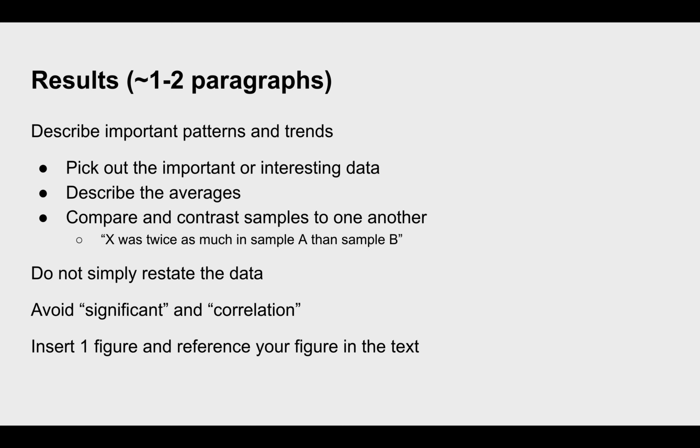If I did not run a statistical test, which we are not doing in this lab, I should avoid those words, because those would indicate that I have a statistical test to back that up. Within the results, you're also going to include a figure, and you're going to reference your figure in the text. So you might say, as we see in figure 1, I'm seeing this trend happen.